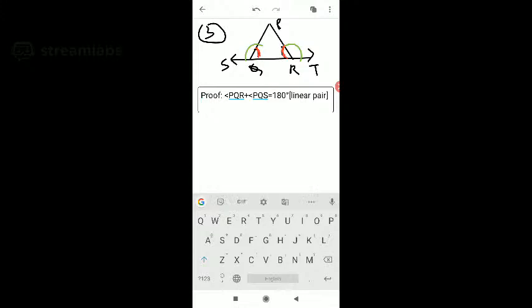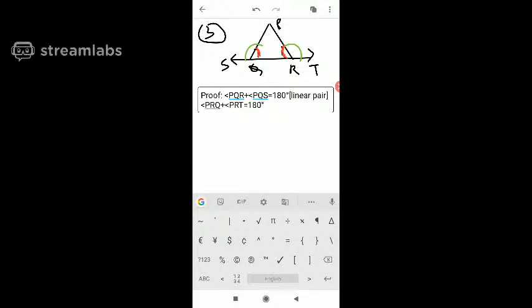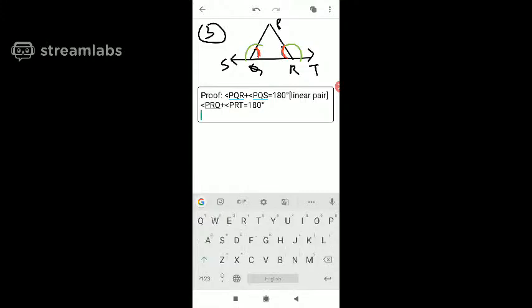Then similarly PRQ and PRT also, angle PRQ plus angle PRT. These two are also equal to 180 degree. So we can see PQR plus PQS is 180, PRQ plus PRT 180. Both are 180. So we can make these two equal.